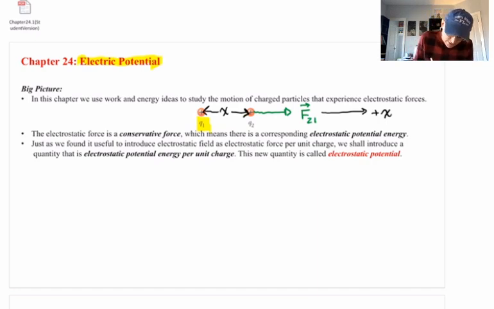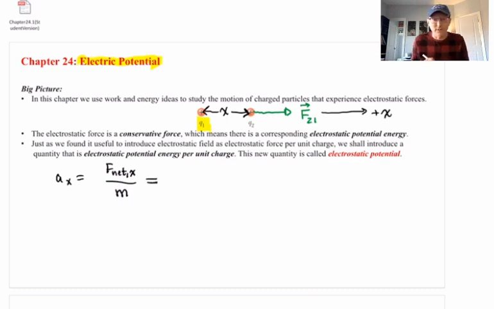Well, I certainly know Newton's second law, a sub x equals F net x over m. Remember that, old friend? We can use that, at least in principle. What do we use for the F net? We use Coulomb's law, because there's the force. It's the electrostatic force, force on 2 due to 1, and it's in the plus x direction.